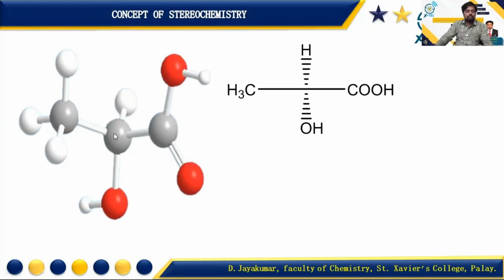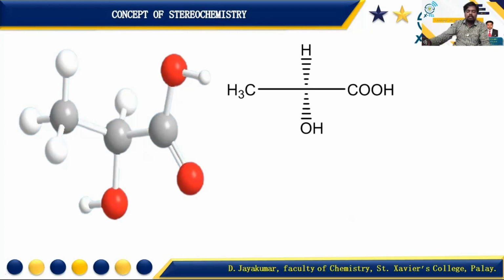The question is whether it will rotate light to the right or left. But it is usually given as L and D, levorotatory or dextrorotatory, L and D. But it is a relative configuration, meaning it is based on how it rotates the light to the right or left.